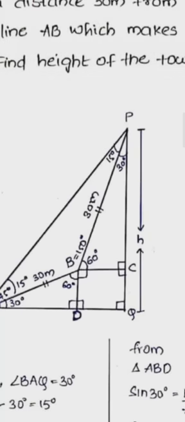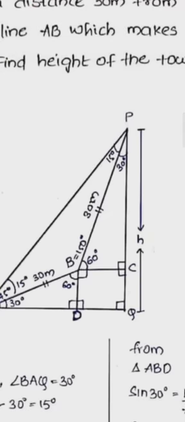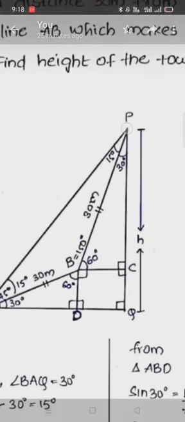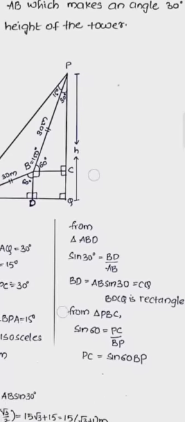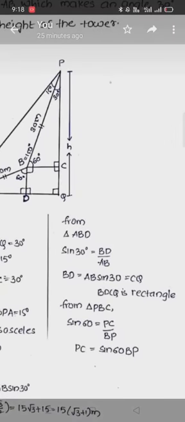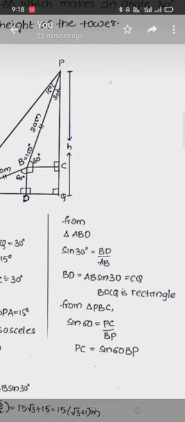Sine 60 degrees equals the opposite side CP by BP. So the PC value is sine 60 degrees times BP.